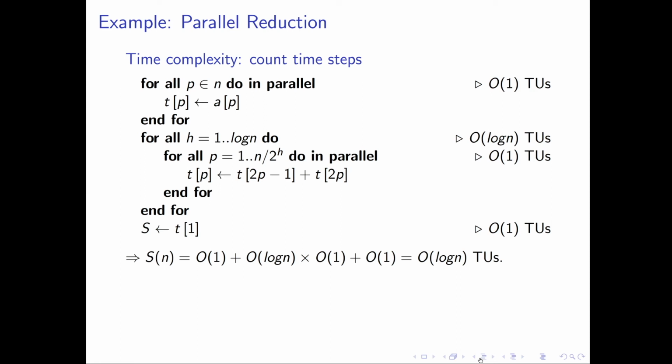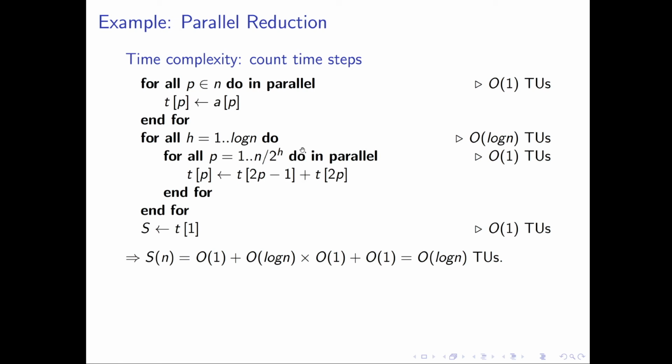Let us now analyze the complexity of this work time program. This very first loop performs n parallel operations, and as they all happen in a single time step, we need a single unit of time. This is followed by the for loop that dominates the algorithm.